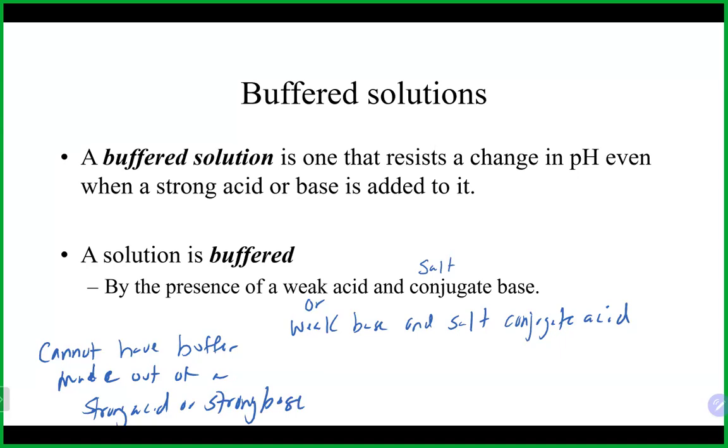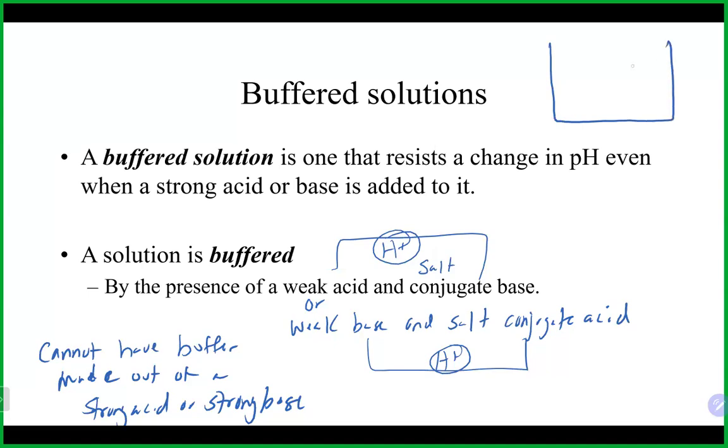And by the way, the partners here are the same thing as Bronsted-Lowry partners. The only thing between these two is the difference of 1 H plus. Now, because it is made out of either a weak acid or a weak base, when you make a buffer, you're able to keep the acid part of the buffer and the base part of the buffer in solution because it's a weak acid or weak base.